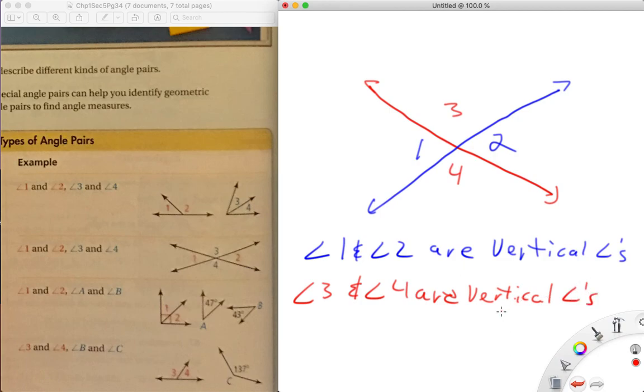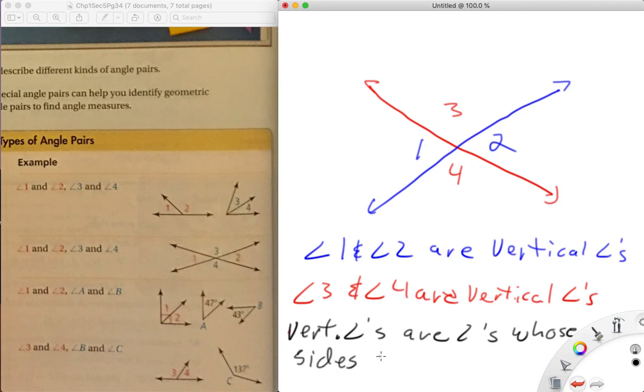Okay, so the book says vertical angles are angles whose sides are opposite rays. I'm just going to say VERT for vertical.